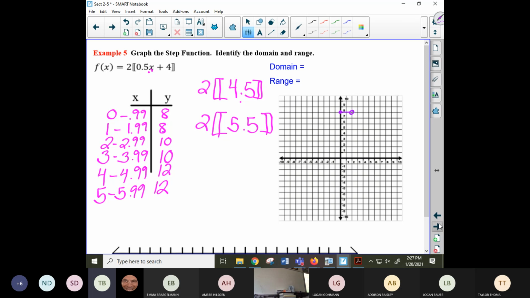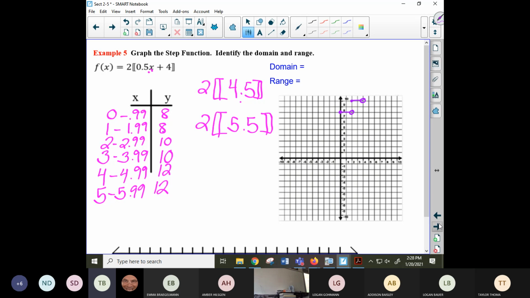Because from 0 to 1 and from 1 to 2 was 8, I just draw over 2 squares. Now notice from 2 to 3 and 3 to 4, we're at 10. So we'd go up to 10 and go from 2 over to 4, like that.